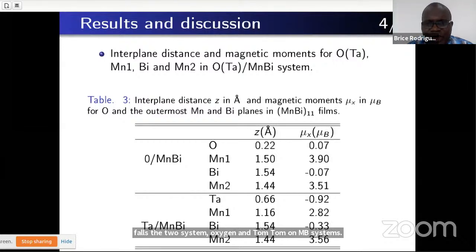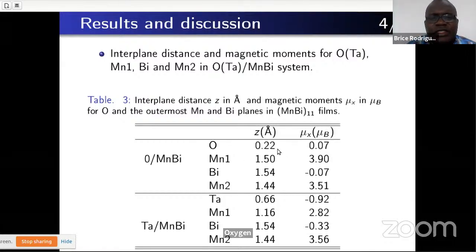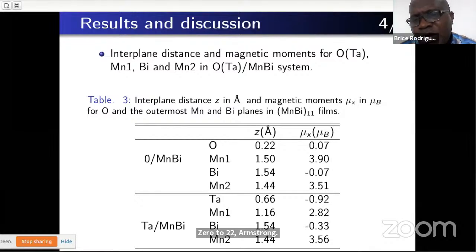We can see here that the oxygen atom is located from the MnBi system at 0.22 angstrom with an induced magnetic moment of about 0.07.